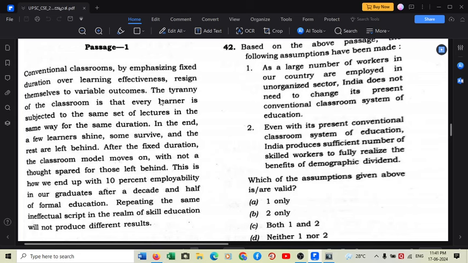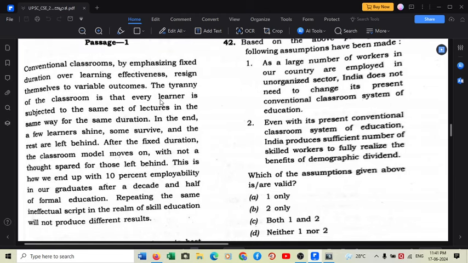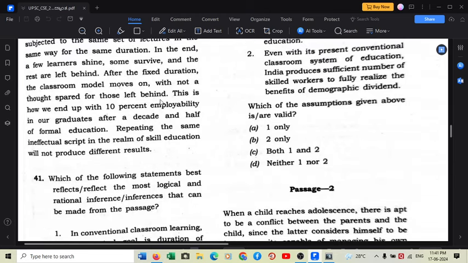Repeating the same ineffectual script in the realm of skill education will not produce different results. So definitely this is a warning from the author that if we repeat the conventional kind of teaching in imparting skill education, the results will be the same. Only a small proportion of people will become successful, and the majority will again fail.